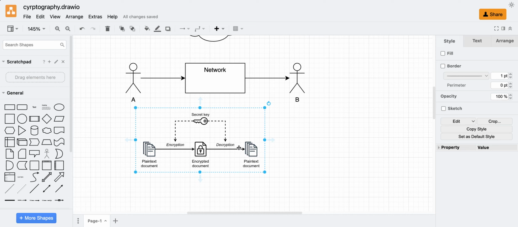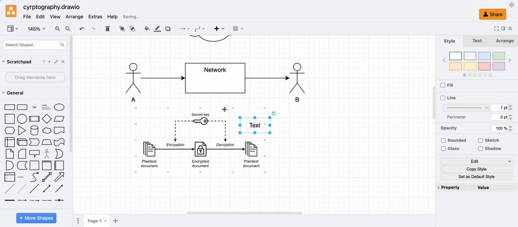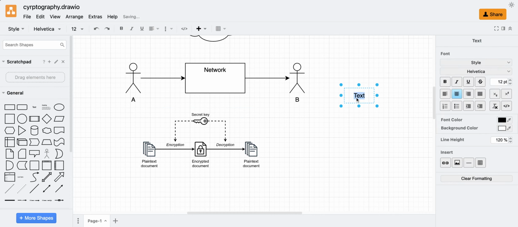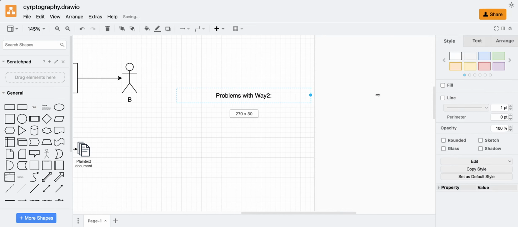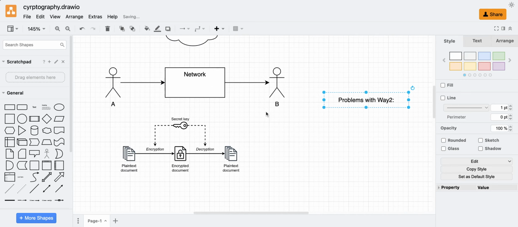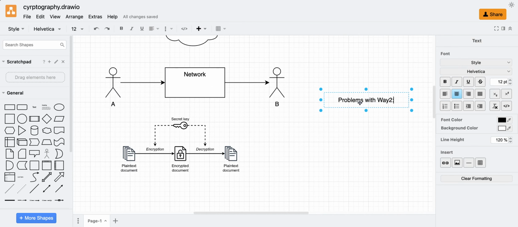But can we see more problems or different problems here? Problems with way 2: first, they both need to know the same shared key to encrypt and decrypt.